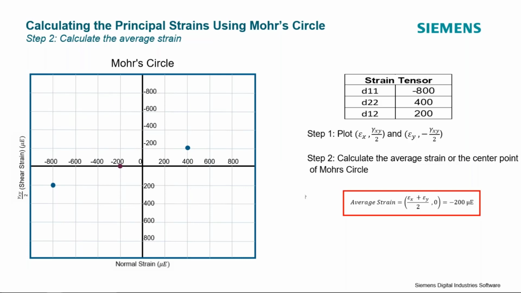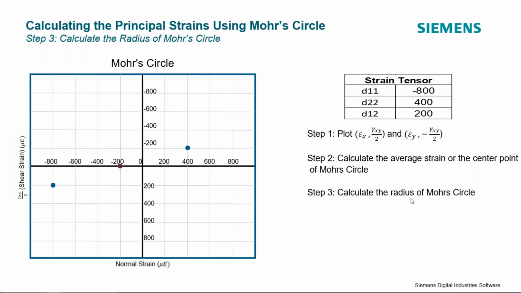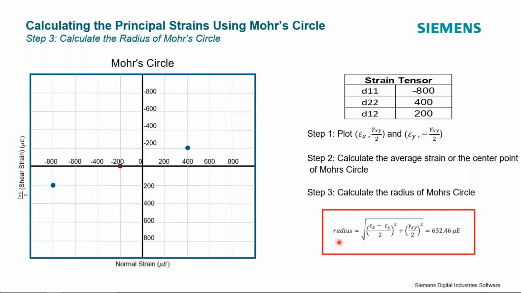And from here, I can calculate the diameter and the radius of Mohr's circle. You can calculate the diameter using this equation here, and I get a value of 632 microstrain for the radius, or double that for the diameter. Using this information, I can fully draw Mohr's circle.